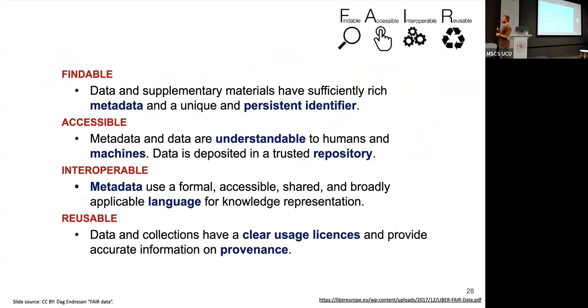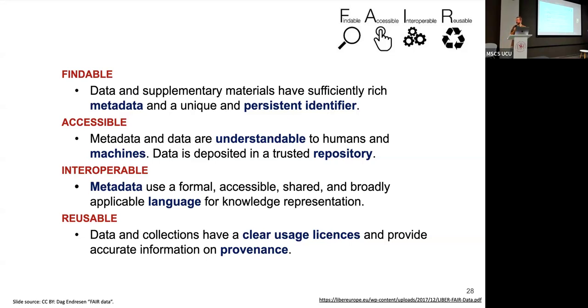Findable means that the data have to be allowed to be explored, both by humans and by machines. The most direct way to achieve this, if we are talking about biodiversity data, is to pursue persistent identifiers and provide sufficient metadata.